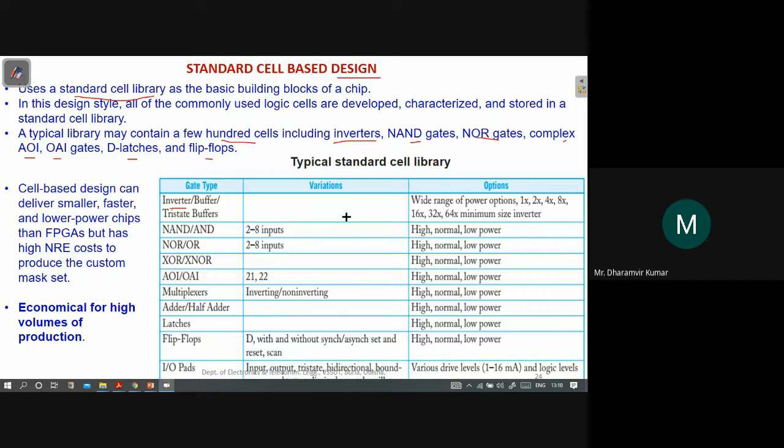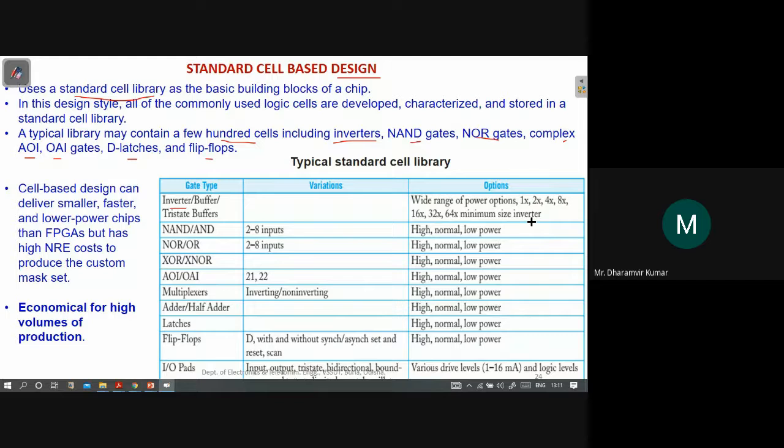All of these numbers represent its capacity. Suppose 4x, so the capacity of that inverter will be 4 times that of the minimum sized inverter. If it's not sufficient for you, you can go with a bigger, 32x inverter, which will be 32 times more capable as compared to the minimum size inverter.